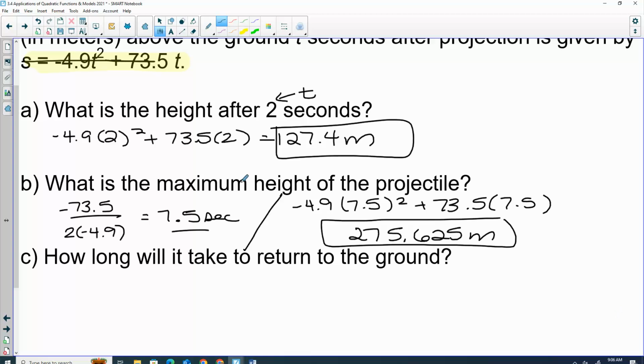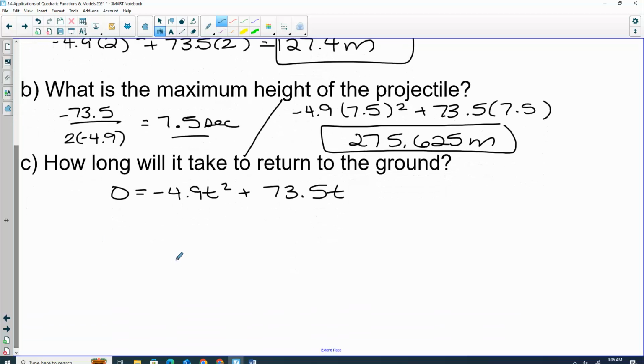Okay. C, how long will it take to return to the ground? If it's on the ground, what's our height? 0. So we're plugging in 0 for the height. What could I take out of this? T. A t at the very least.